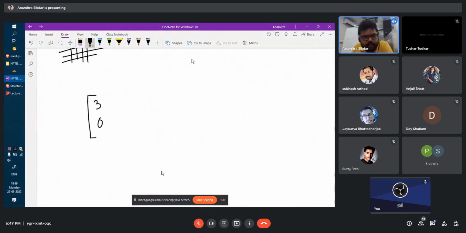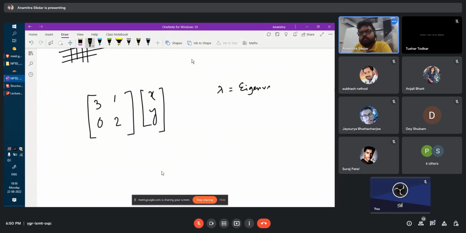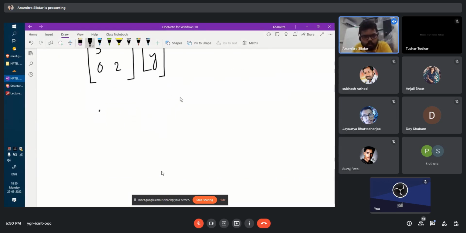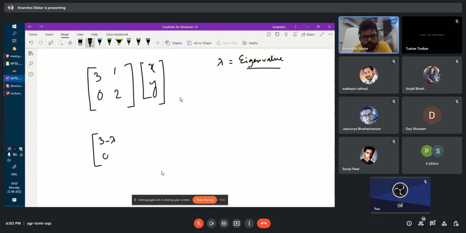So to calculate the eigenvectors and eigenvalues of this matrix, we will assume that lambda is the eigenvalue. All right. So 3 minus lambda, it will be 0, right?